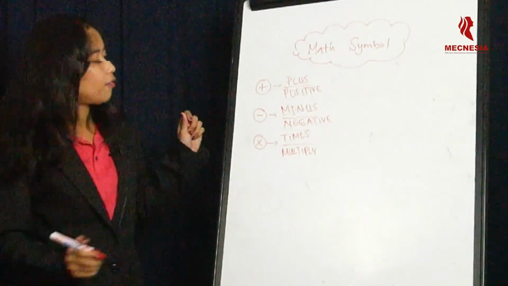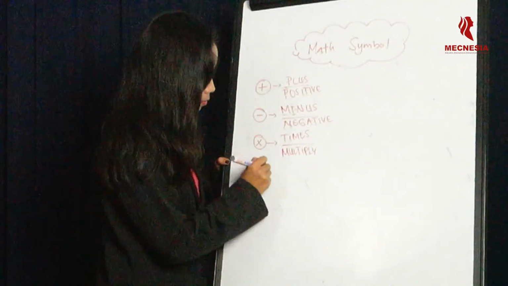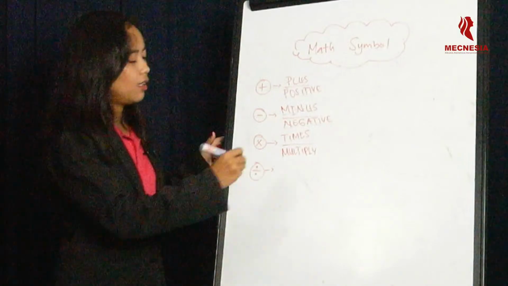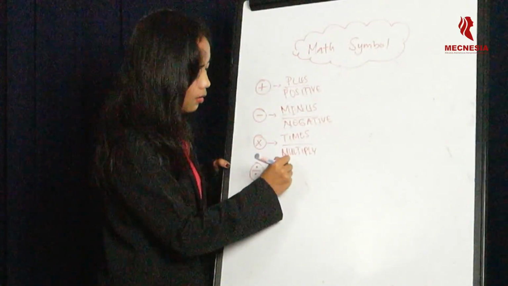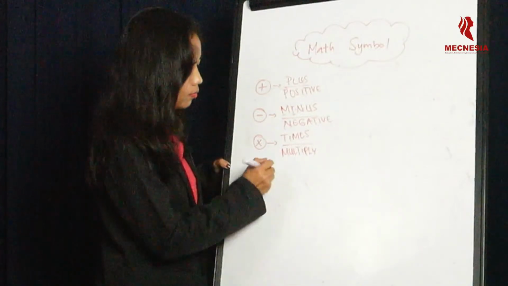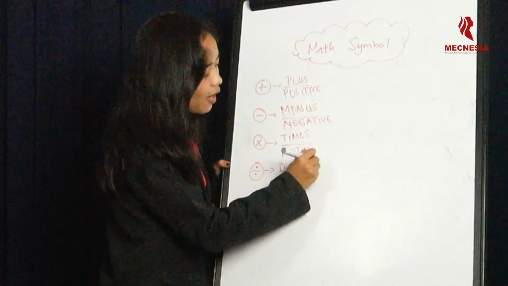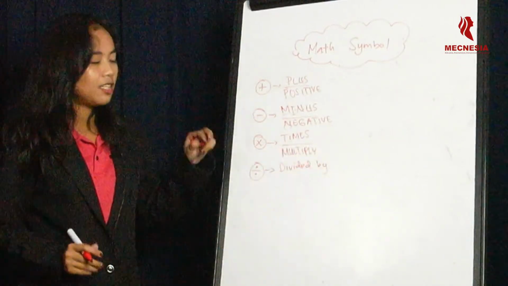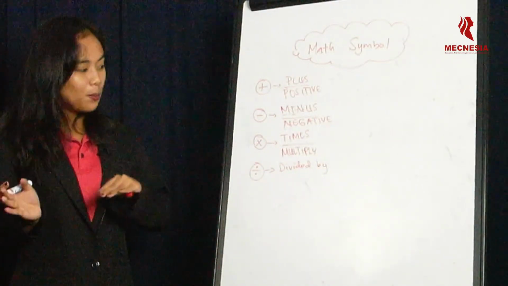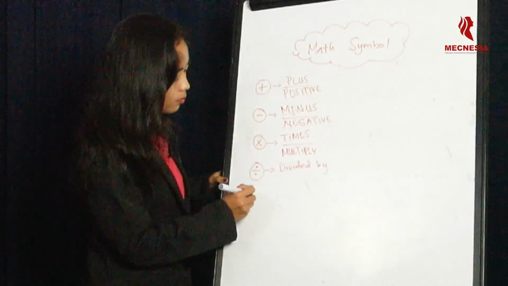Next we have bagi. Okay, untuk bagi, it is divided by. Divided by. Bagi, divided by. Next we have sama dengan.